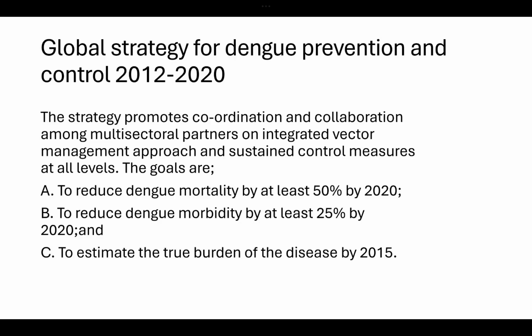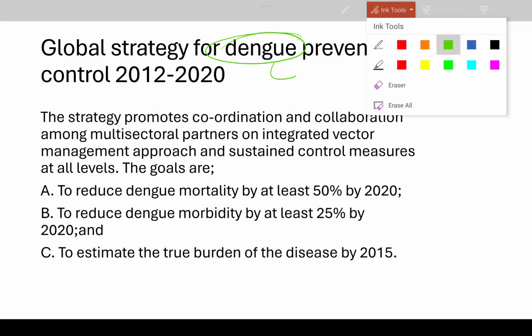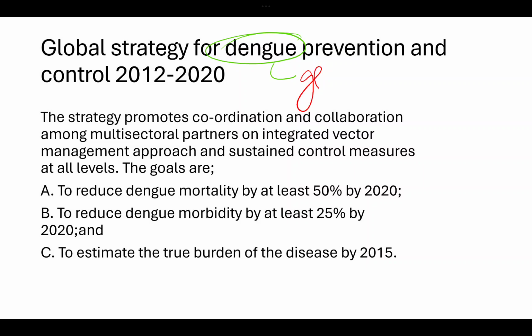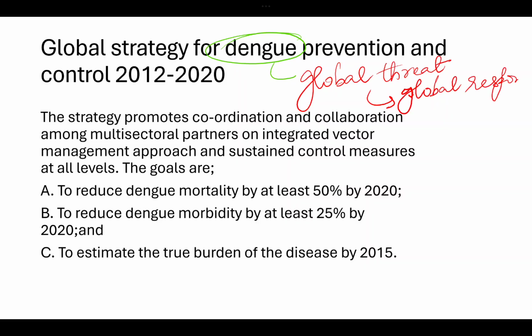Since dengue is a global threat, it requires a global response. The global response involves coordination and collaboration.